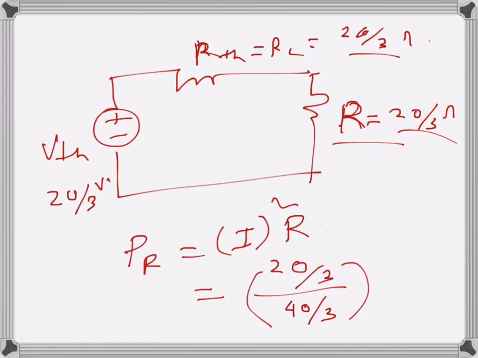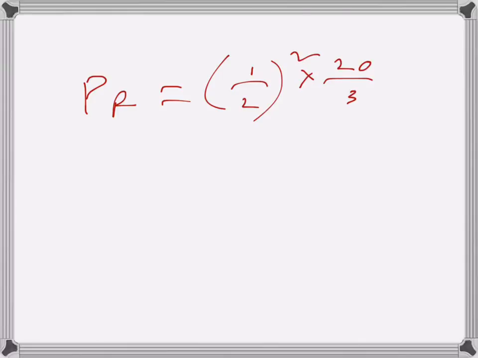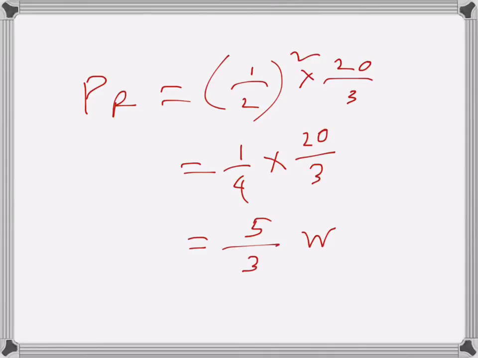This is multiplied by the value of R, which is 20 over 3. Of course 20 over 3 divided by 40 over 3 will be half. So PR will be half squared times 20 over 3, or 1/4 times 20 over 3, which will be 5 over 3 watts. That will be the power delivered to that resistance. This is the maximum power possible to be delivered to resistance R.